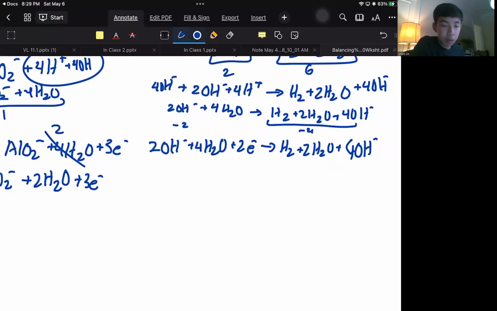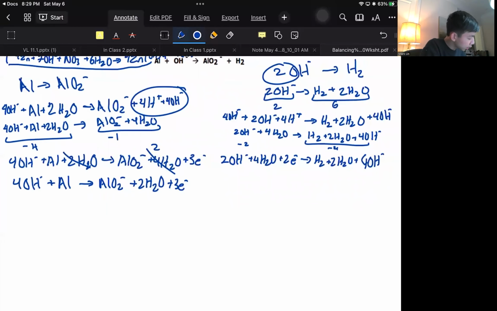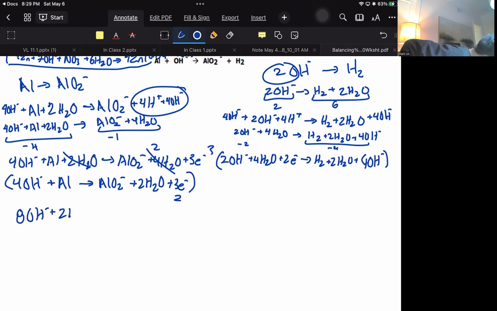Okay, now let's find the least common multiple between the two equations. So this side has three, this has two. Least common multiple of three and two is six. So we need to multiply this side by two and this side by three. So it's going to be 8 OH minus plus 2 Al gives 2 AlO2 minus plus 4 H2O plus 6 electrons.